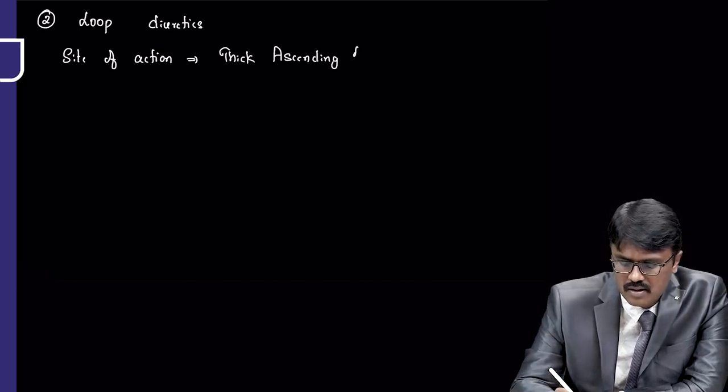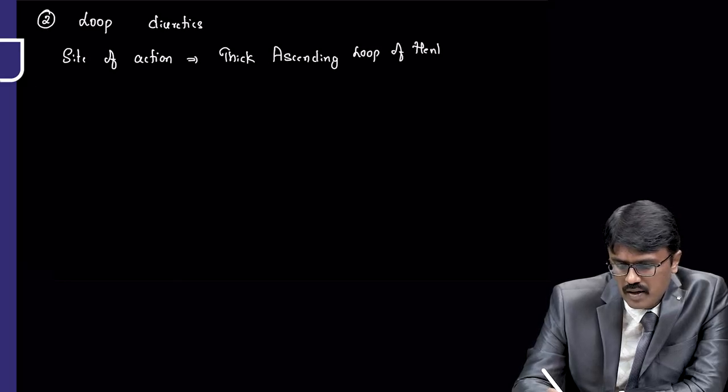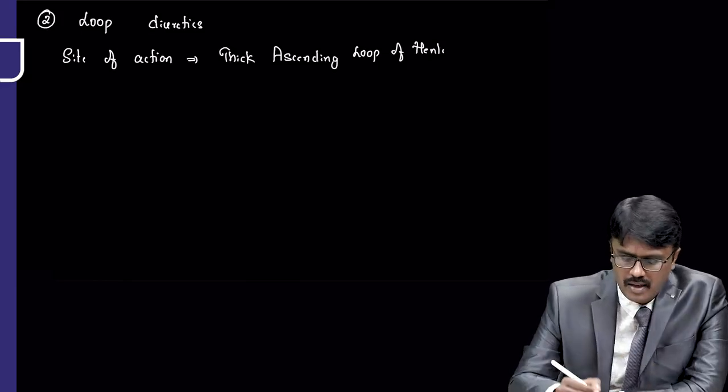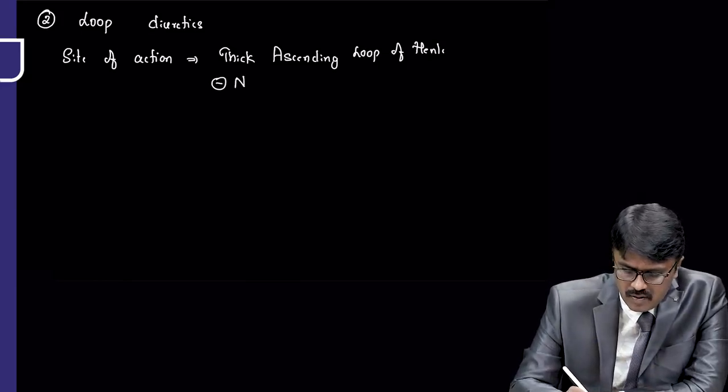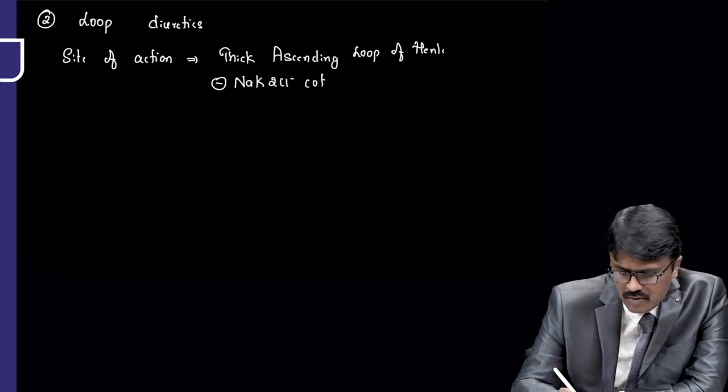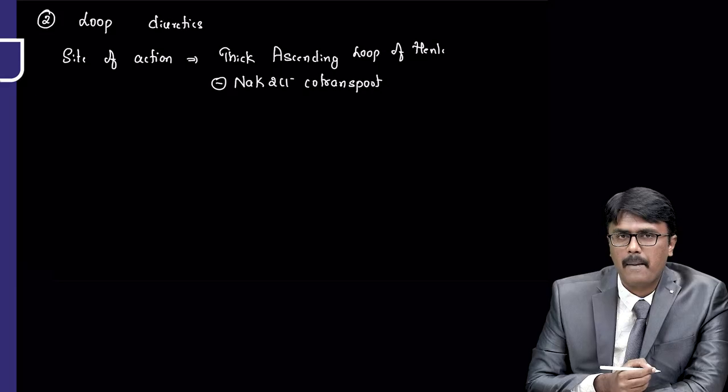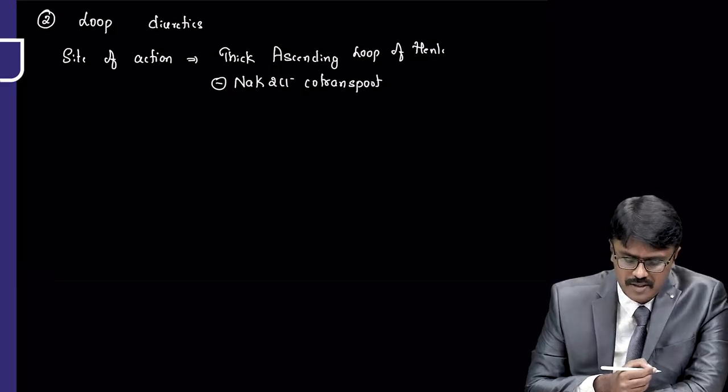That's why they are also called loop diuretics. And in that they inhibit a transporter called the sodium potassium 2 chloride transporter. So they are going to inhibit this transporter. That is the site of action.